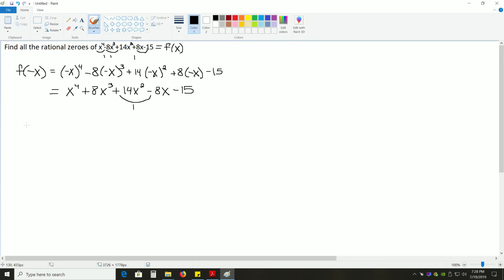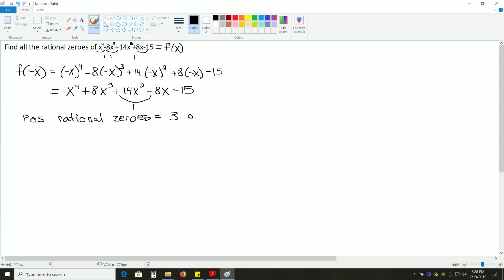So for our positive rational zeros, we have from the f of x function 3 possible positive rational zeros.